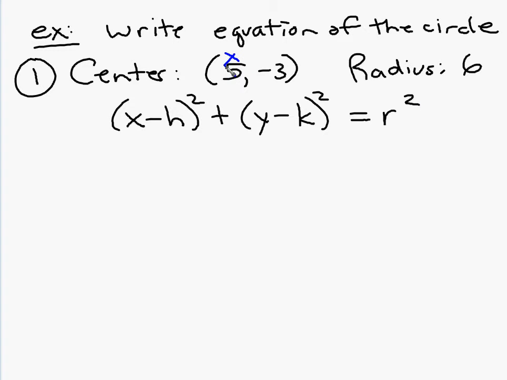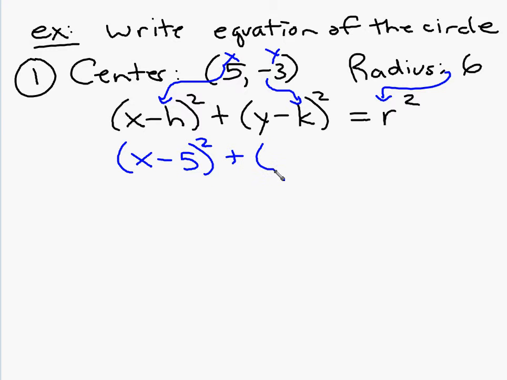Now I just need to plug in. This is the x coordinate of the center. This is the y coordinate. So the x coordinate goes in for h, the y coordinate goes in for k, the radius goes in for r. It's that simple. So this will become (x minus 5) quantity squared plus (y minus -3) quantity squared equals 6 squared.